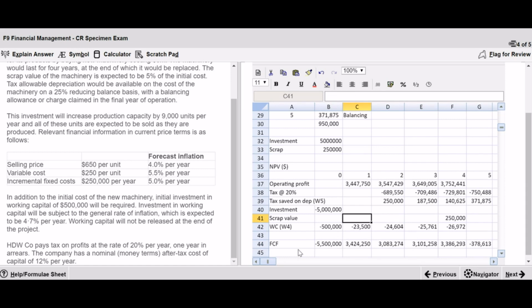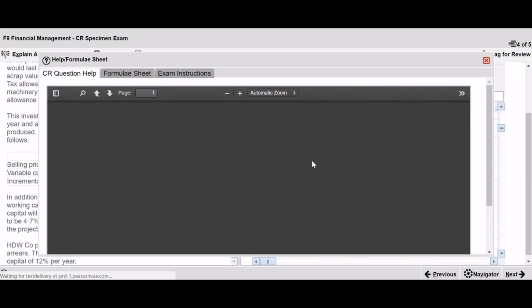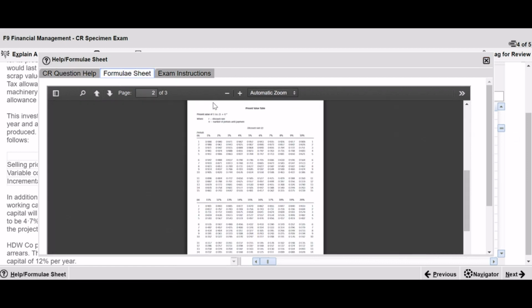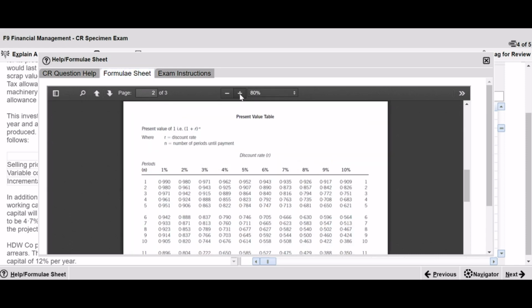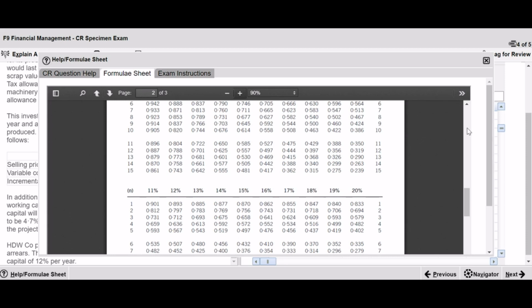Now what we can do here is put our discount rates. So, discount factor at 12%. Again, in the exam, you will have access to a formula sheet on your system. So you can just take the 12% discount factors from the present value table. At 12%, it is 0.893.